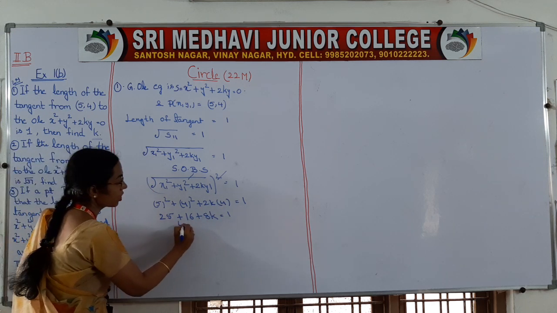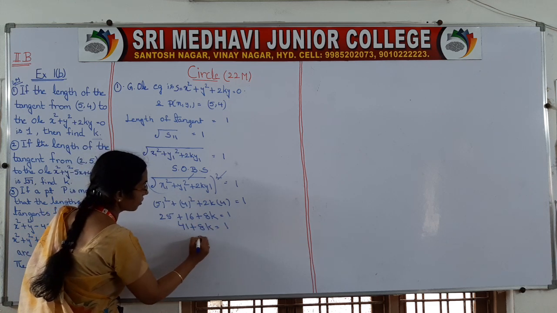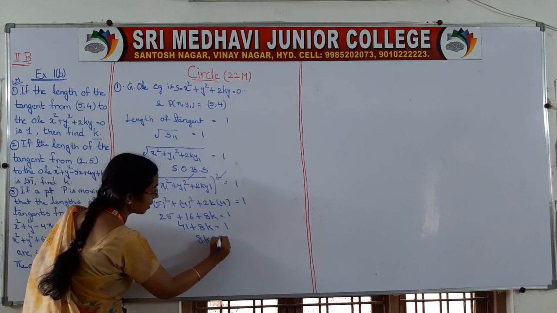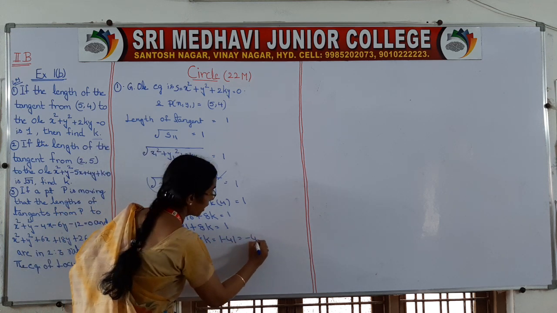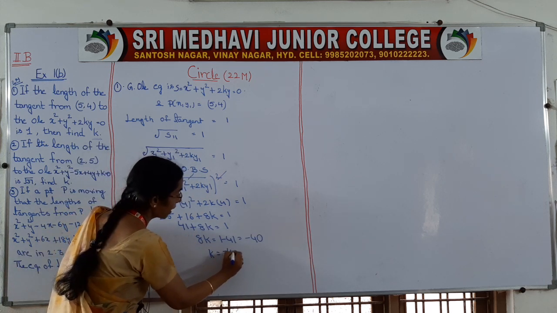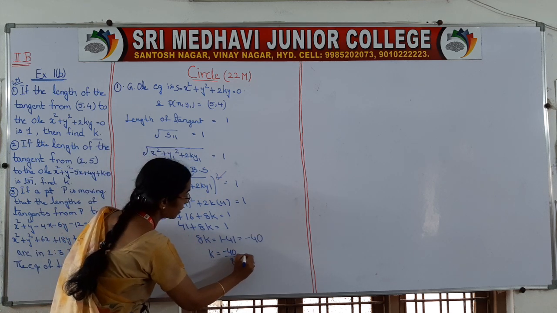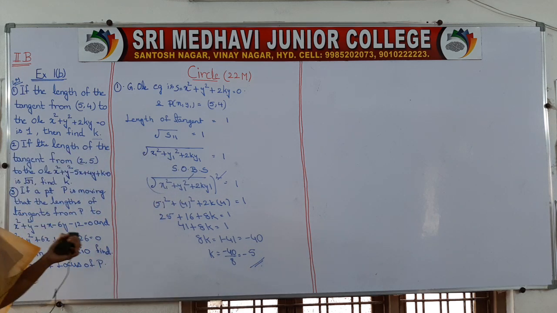So 41 plus 8k is equal to 1. 8k is equal to 1 minus 41, which is minus 40. So k is equal to minus 40 by 8, which is minus 5. That's all. That is the answer for this problem.